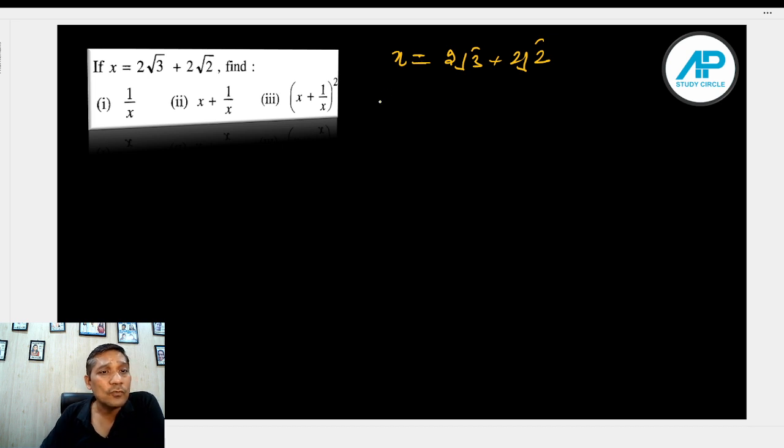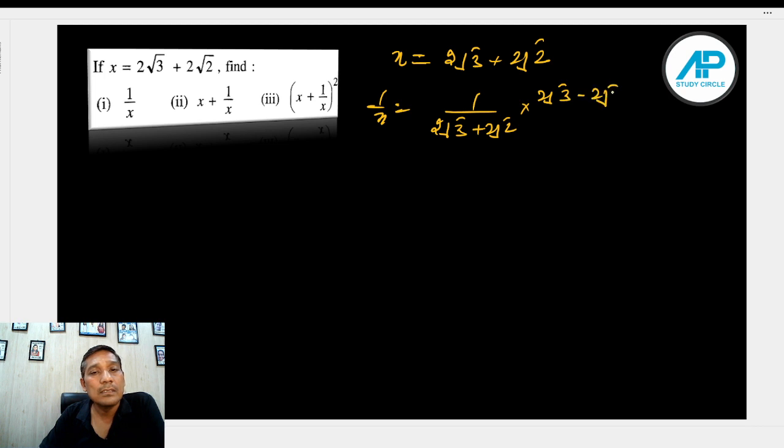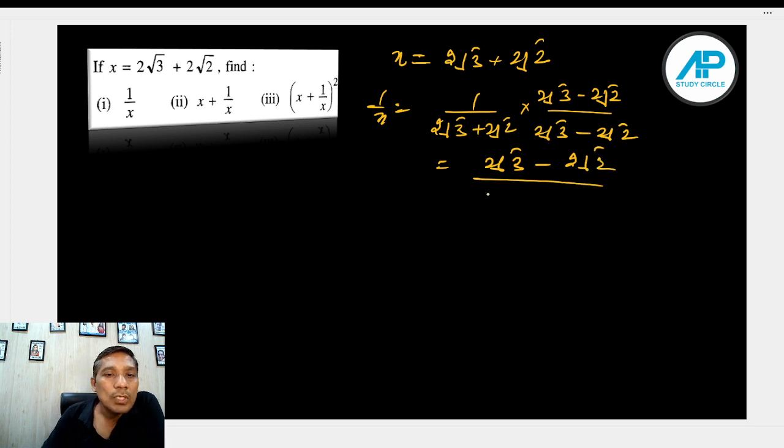Anyway, right now I need to find the value of 1 upon x, simply reciprocated, to root 3 minus 2 root 2. Square of 2 root 3: think in your mind, multiply 2 into 2 into root 3 into root 3. 4 into 3 gives you 12.